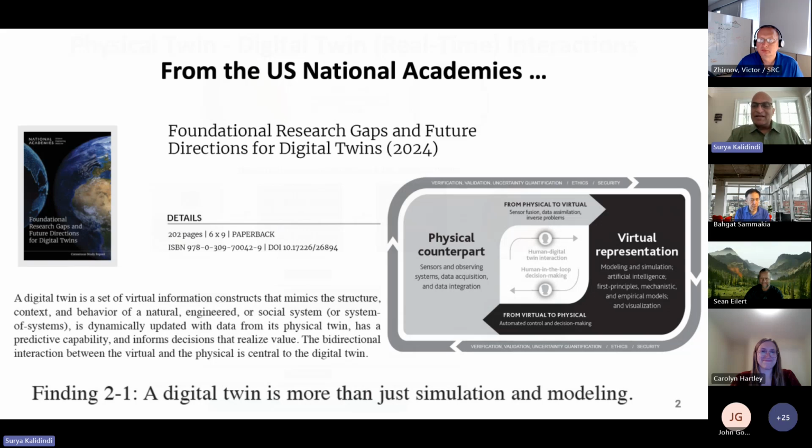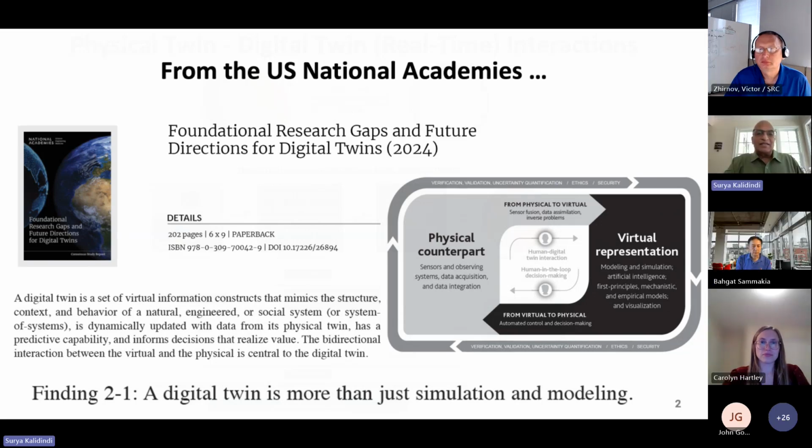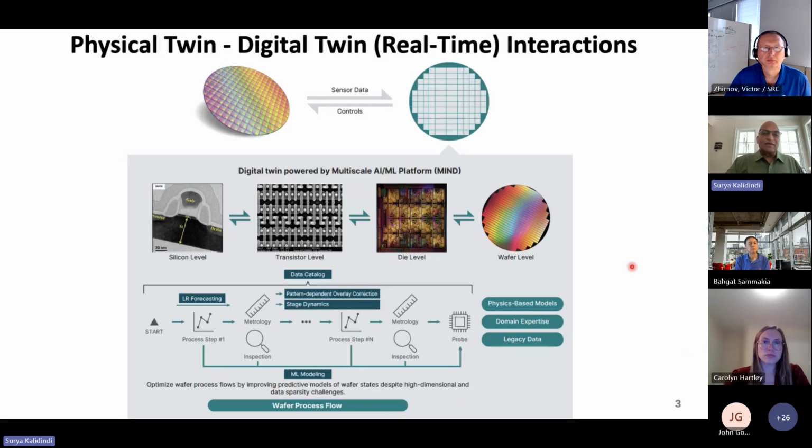So the physical twin in this case is the wafer itself, and the top part of it is what you would normally think of in terms of a bidirectional connection, right? Sensor data and controls.